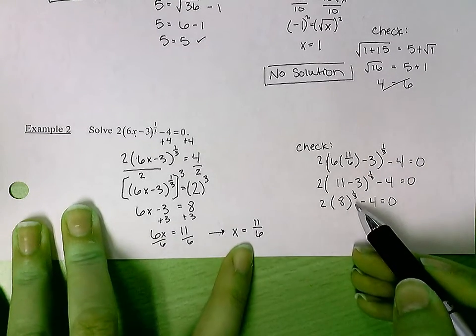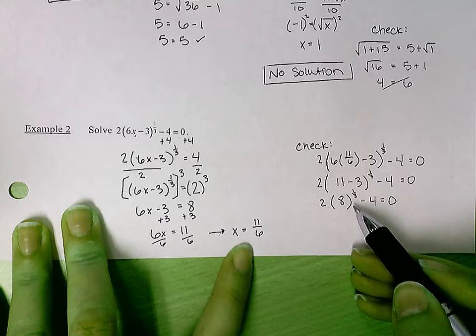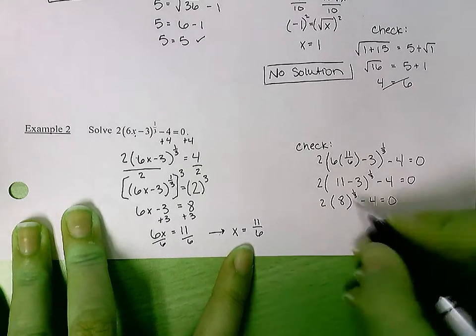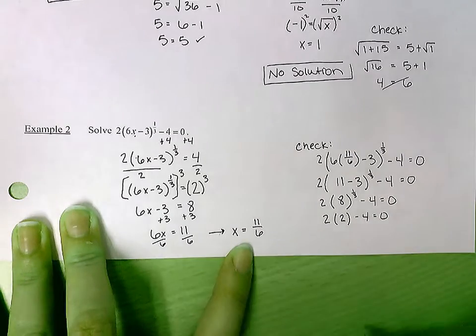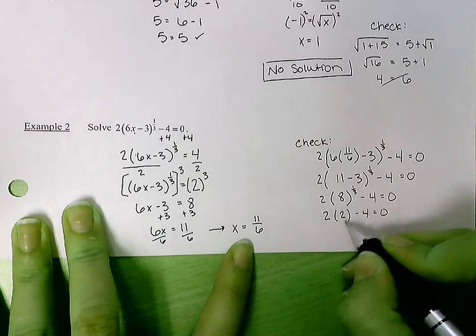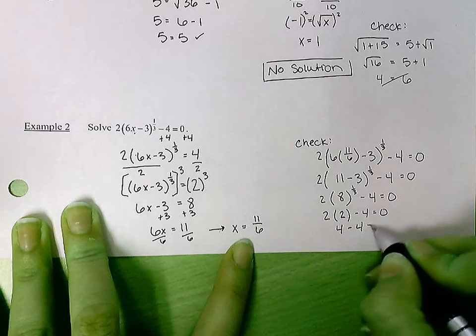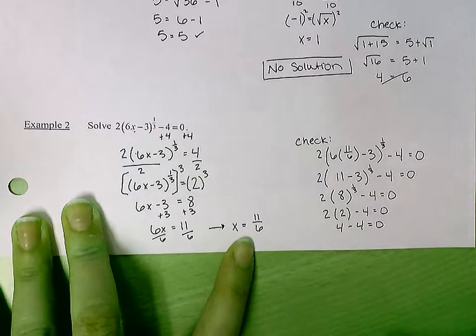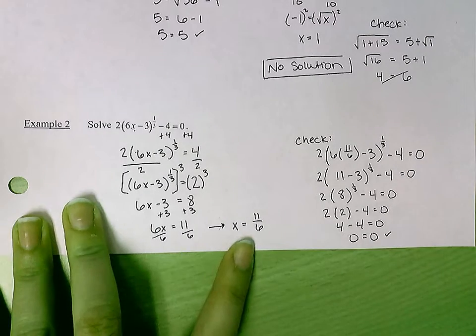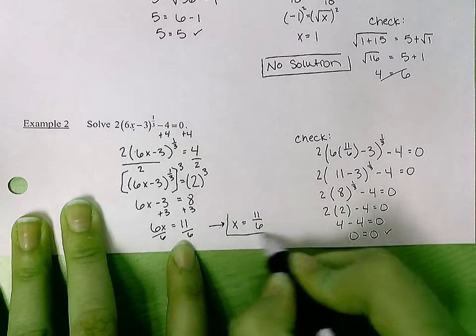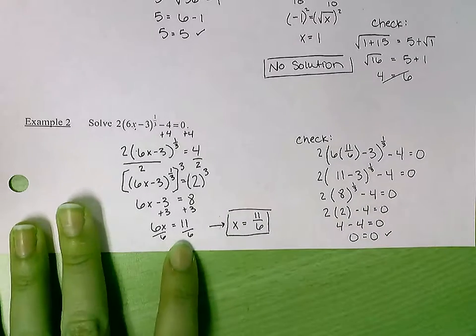Eight to the 1/3 power. What's the cube root of 8? Yep, it's 2. Okay, so we have 2 times 2 is 4 minus 4 equals 0. And we have 0 equals 0. That is true. So x does equal 11 over 6.